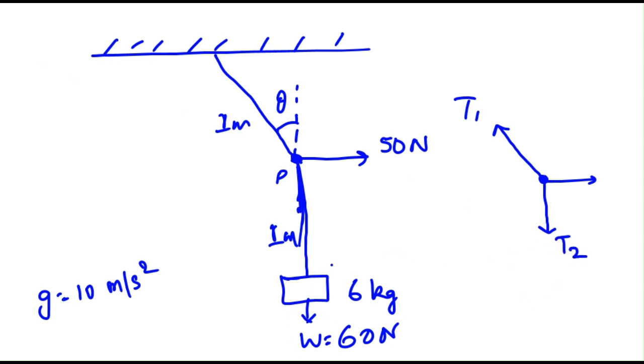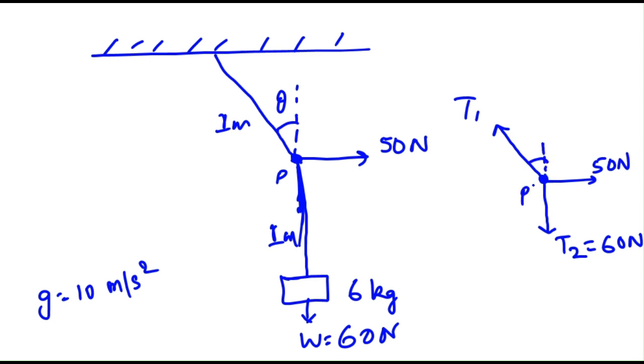From here we can see easily that below point P, the rope and the mass are also in equilibrium. So T2, this tension, is nothing but 60 Newton, the weight of the block which is suspended. Now here we have the 50 Newton force and here we have theta.